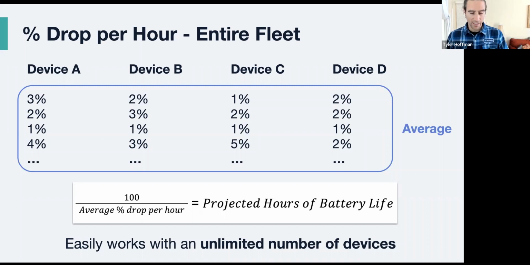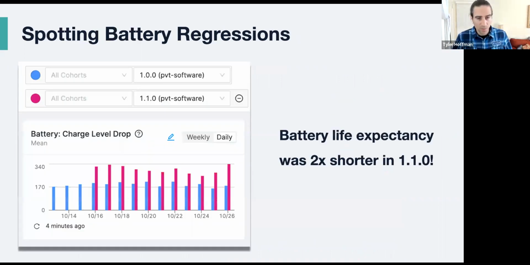It's pretty easy. And the best part, and my favorite part about Memfault, is that our metrics can be collected this way and then compared between versions. We use this to give people very good insight into whether there was a battery regression or an improvement between software versions.